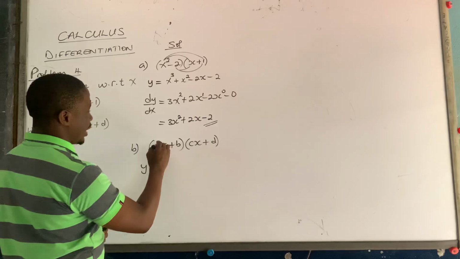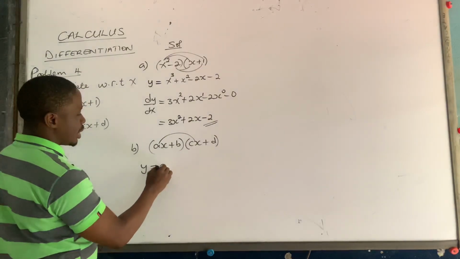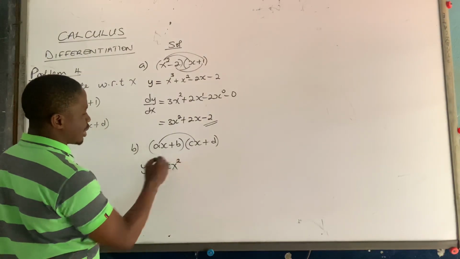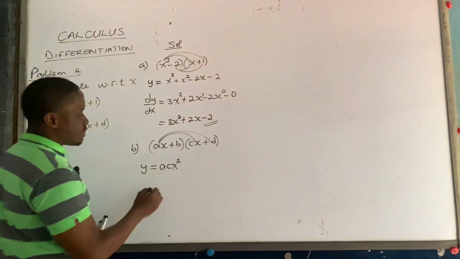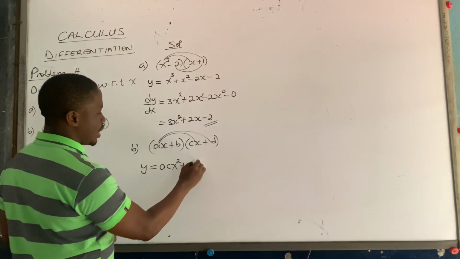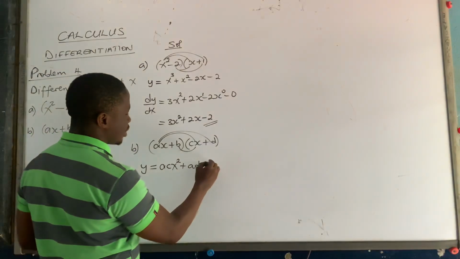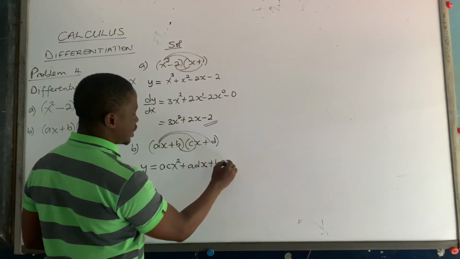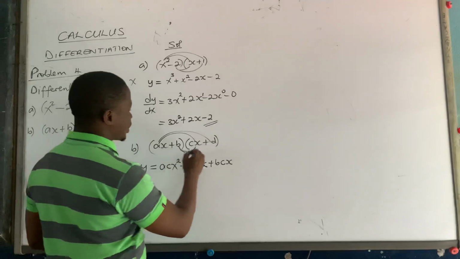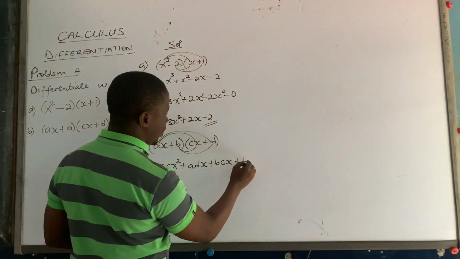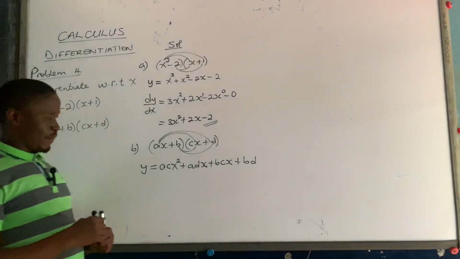We expand: ax times cx, acx squared. ax times plus d, adx. Plus b times x, plus bcx. Plus b times d, plus bd.